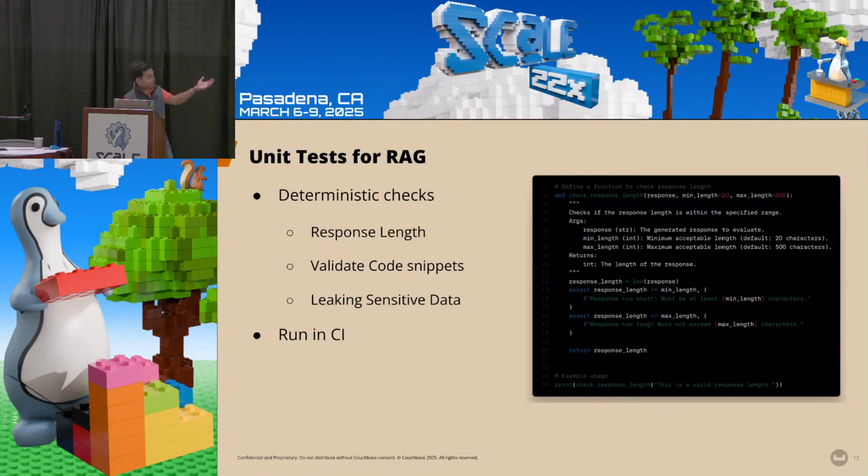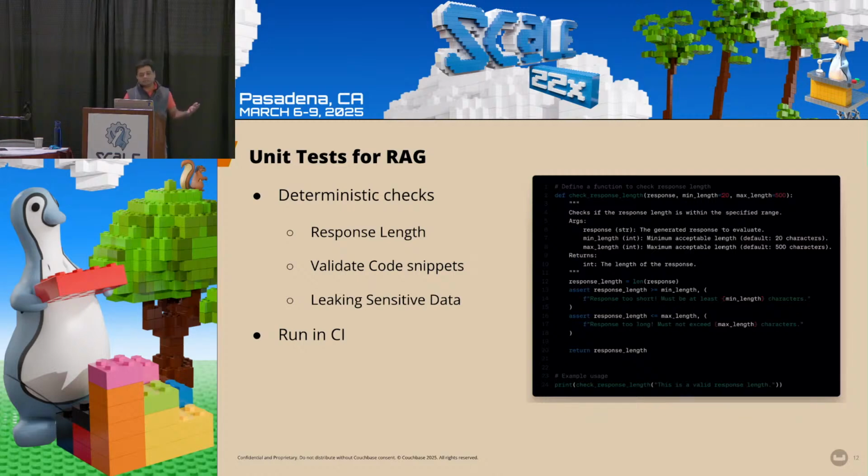For example, there are things like code snippets, which are always quite tricky. There are multiple options. You can have a sandbox environment where you can run those code snippets, or you can also parse the code snippets that are generated. There are also other things like leaking sensitive data. For example, if you know that the LLM could spit out some emails for some reason, you could have a regex that validates that the output doesn't have any emails.